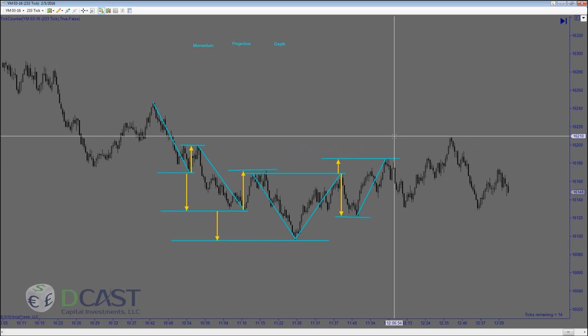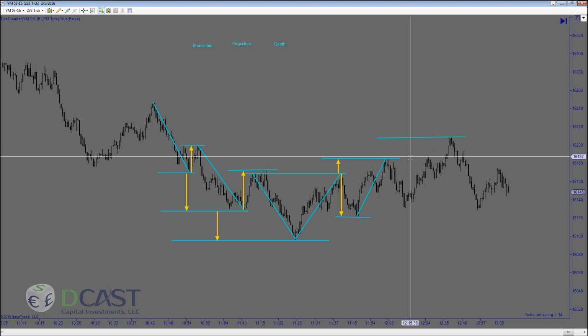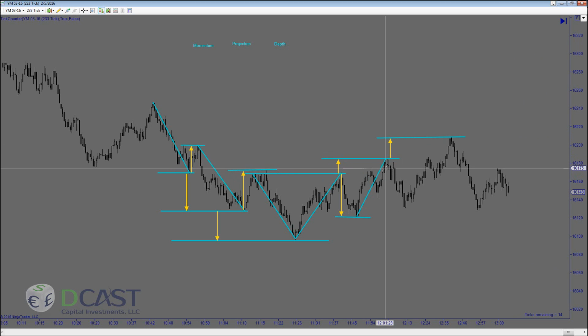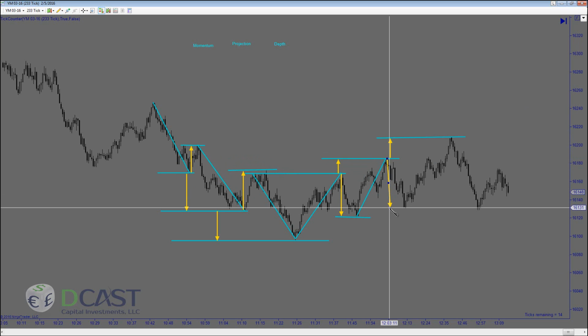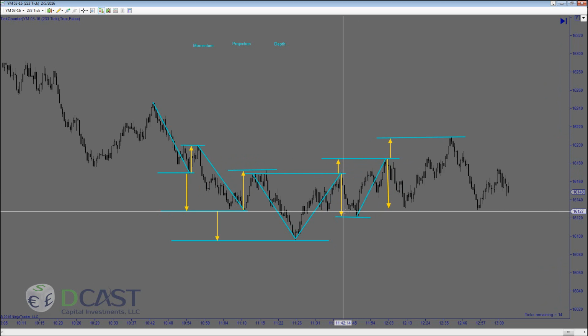So now we see that price made a slightly better new structure high, but not all too impressive, right? And we had a deep correction, which was deeper than this one.